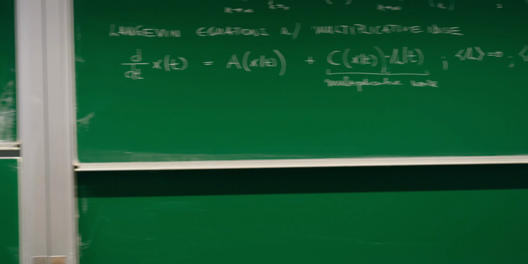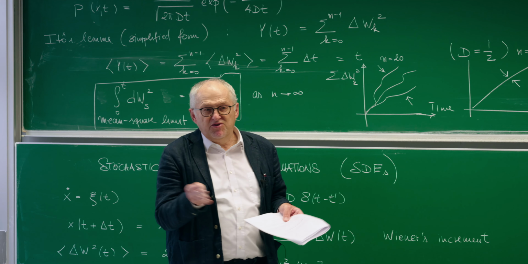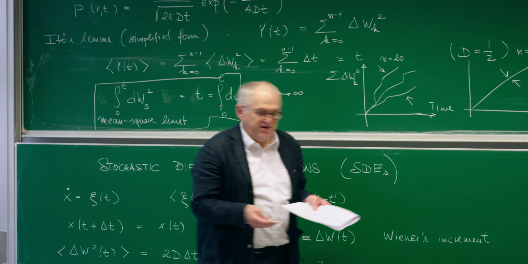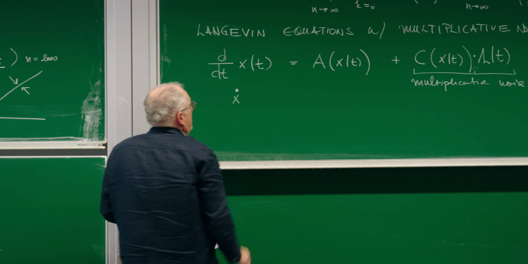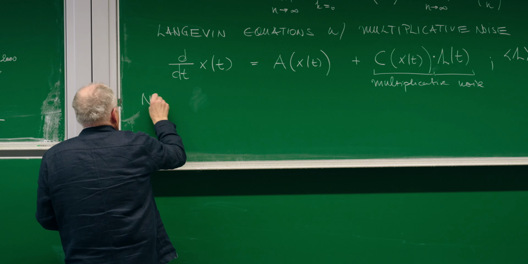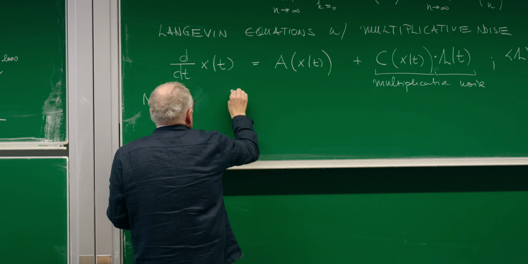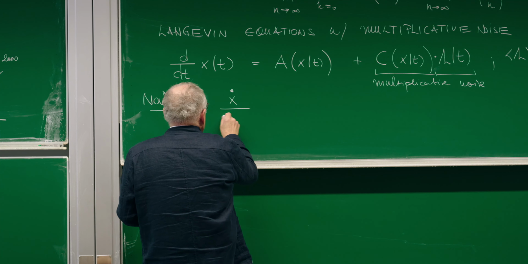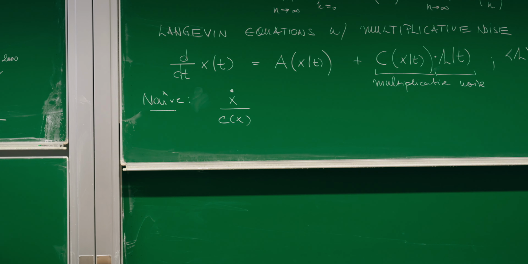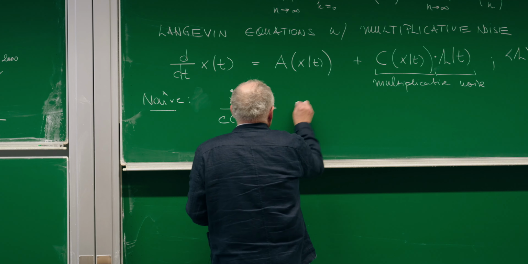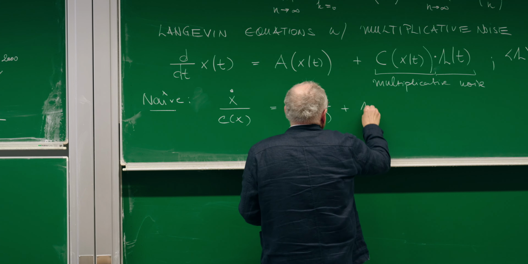Now let's be naive, and let's say we do calculus as we know it, meaning we just juggle with differentials as we like them. So let's say I write this, naive calculation. I write x dot, and I divide it by c of x. Then the right-hand side will be a of x divided by c of x plus lambda.